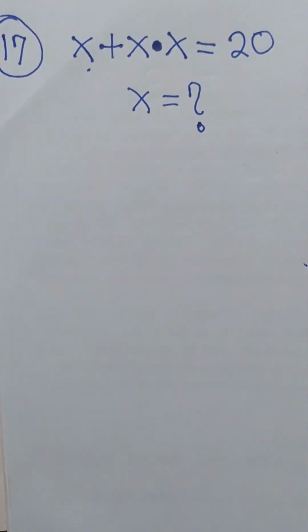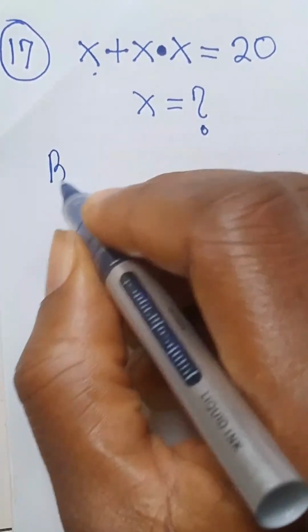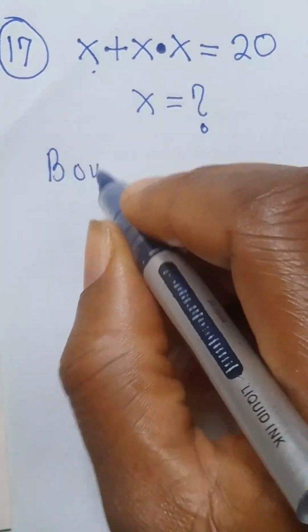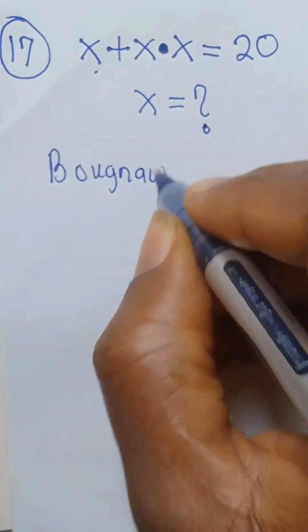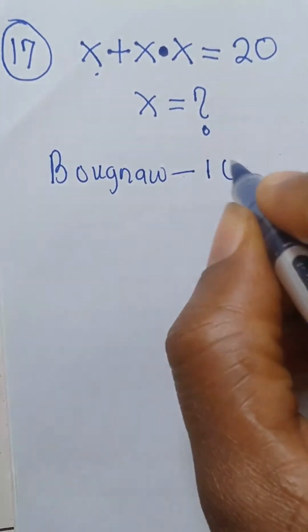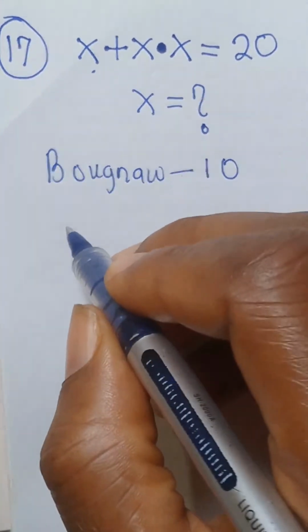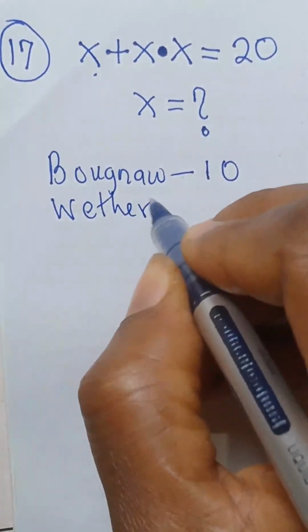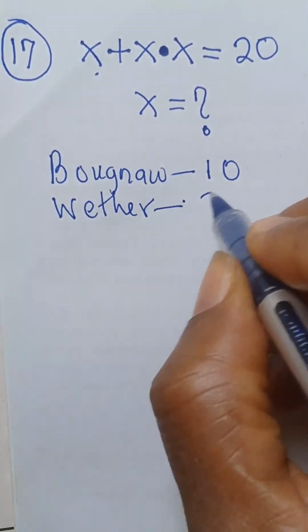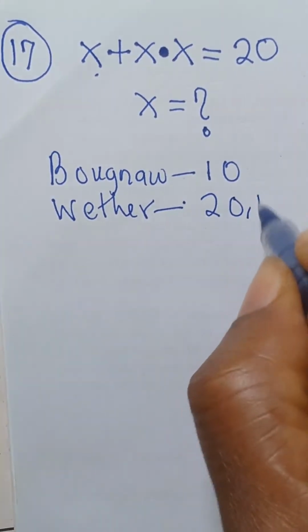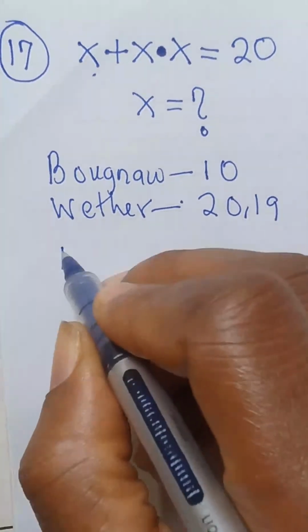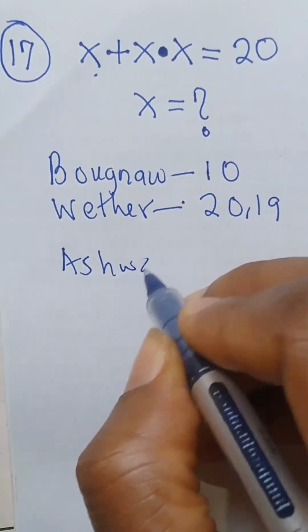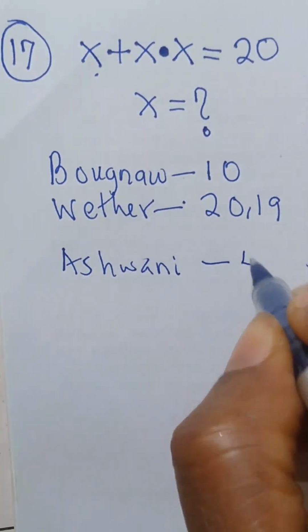Bugnell, you say 10. Okay. I say 20 and 19, then you say 4.